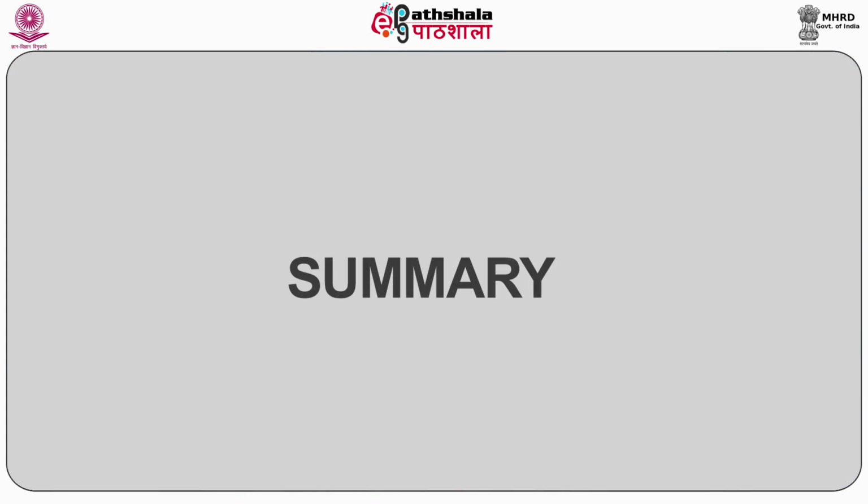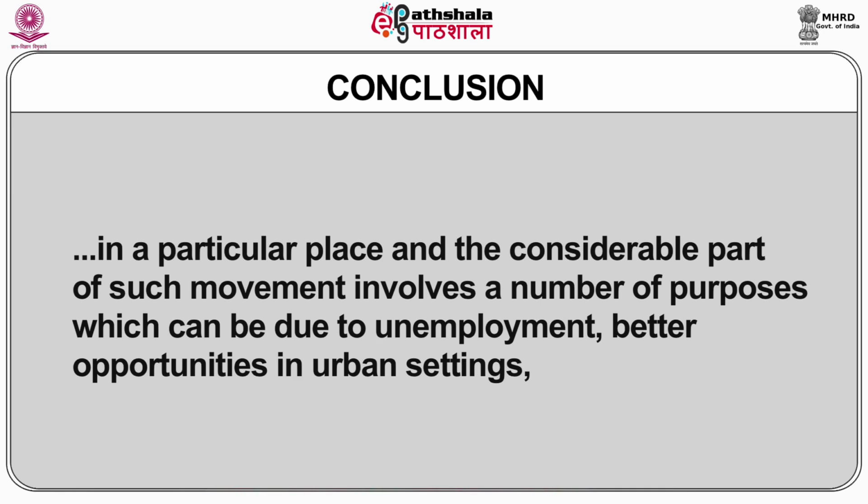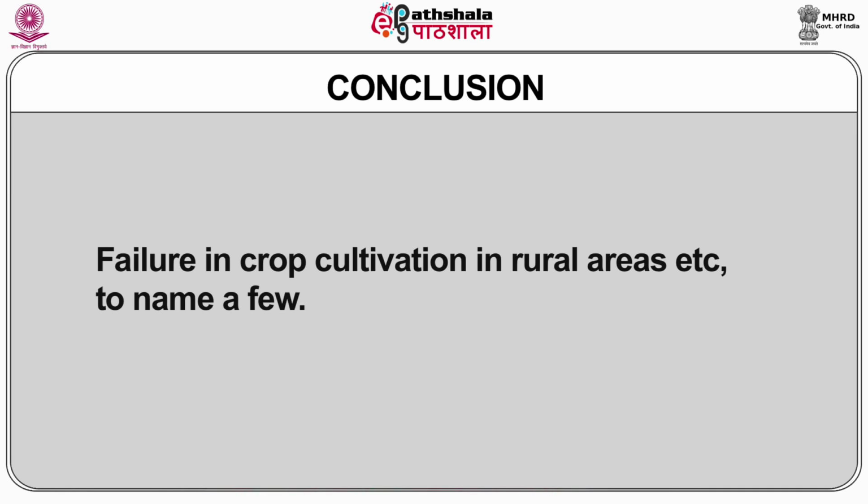Now let's summarize. Migration is a movement of people from one place to another, within or outside the country, for the purpose of residing permanently or temporarily in a particular place, and a considerable part of such movement involves a number of purposes which can be due to unemployment, better opportunities in urban settings, failure in crop cultivation in rural areas, etc., to name a few.